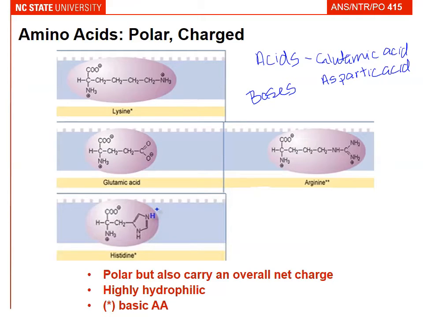Sometimes they're referred to as glutamate or aspartate, depending on if they're charged or not. So here it's showing in the charged form, so it's referred to as glutamic acid. You put a hydrogen on there and it's glutamate. And then our bases include our lysine.